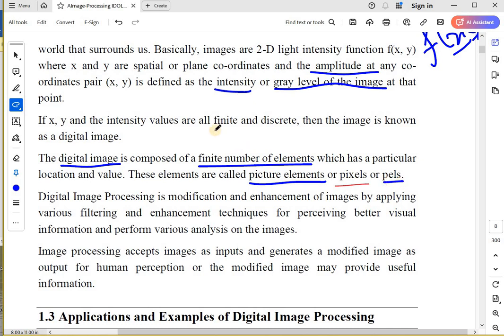Now, if you have an image where all the values are finite and discrete, then that image is a digital image. Obviously, whenever you are working with a computer, there is no concept of infinite, so you need to have finite values and discrete values.